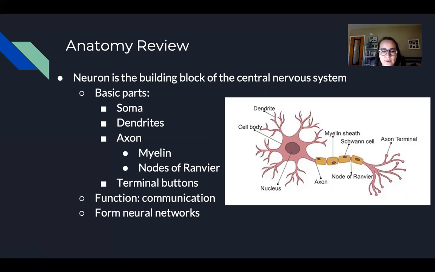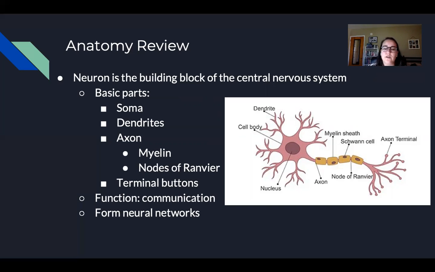If you remember, the building block of the neural system is called a neuron. Neurons are specialized cells that occur mainly in the central nervous system. And the central nervous system is comprised of the brain and then the spinal cord. So it really lives up to its name. It's the nerves that are in the center of your body.